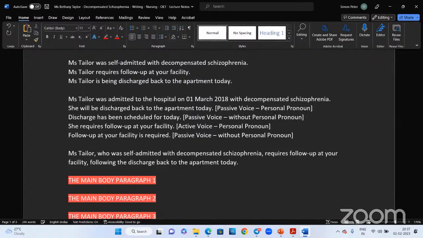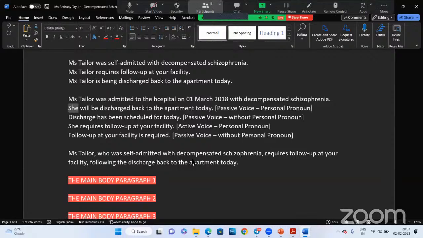So now you see, first one is no problem. It's already passive voice. Okay. Right. So he, she, whatever it is, try to avoid as far as possible. Right. Now you can write any different style, whichever you want.